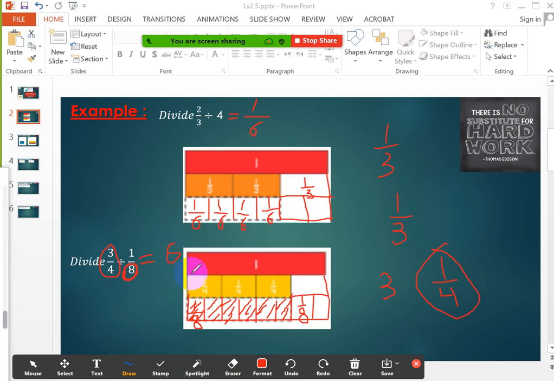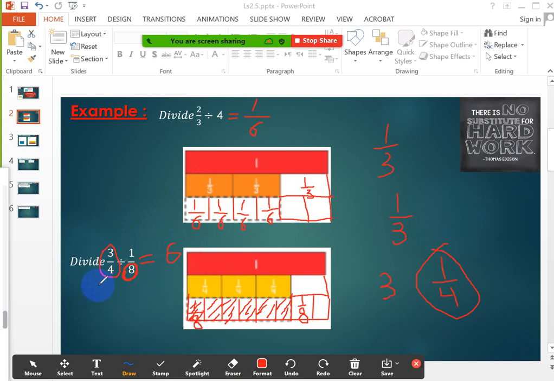So, girls, again, when I divide a fraction by a whole number, you have to divide the space, and the answer will be the amount in each part, which here is 1 over 6.